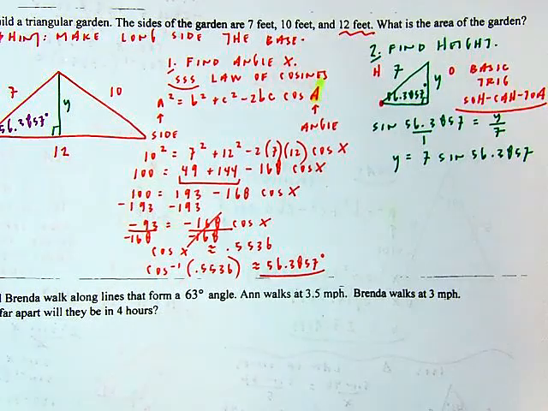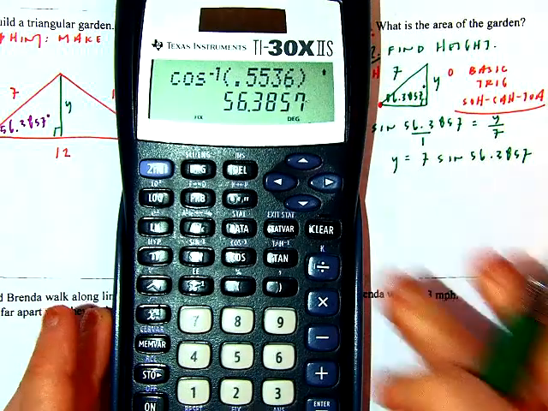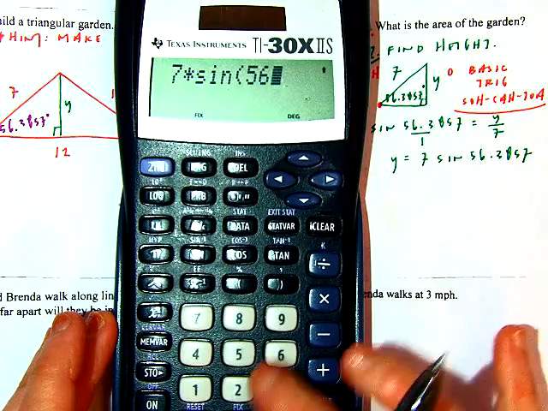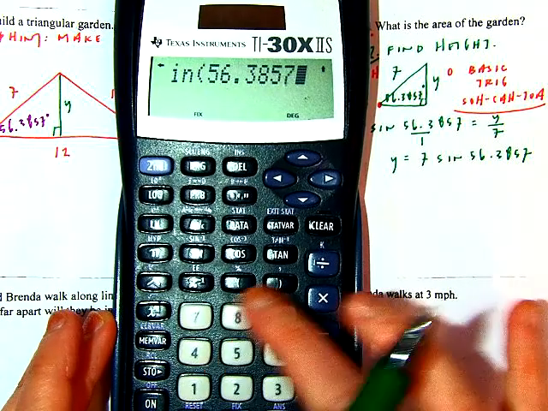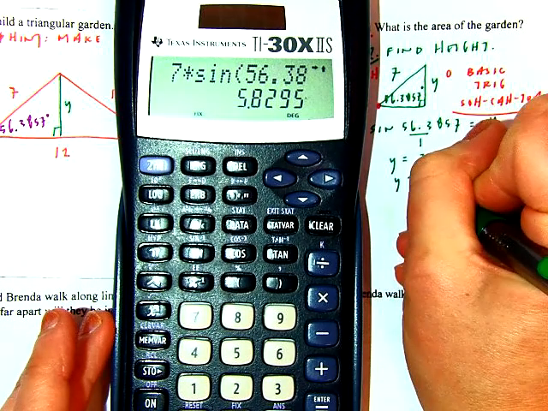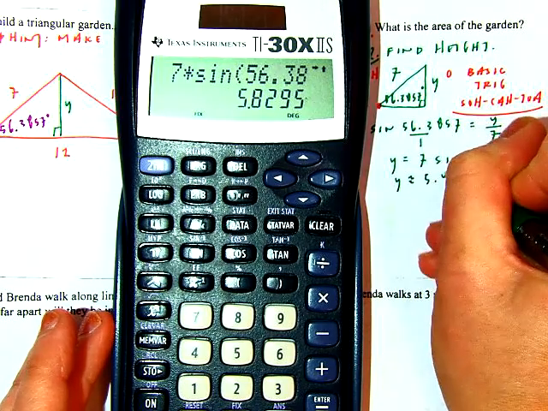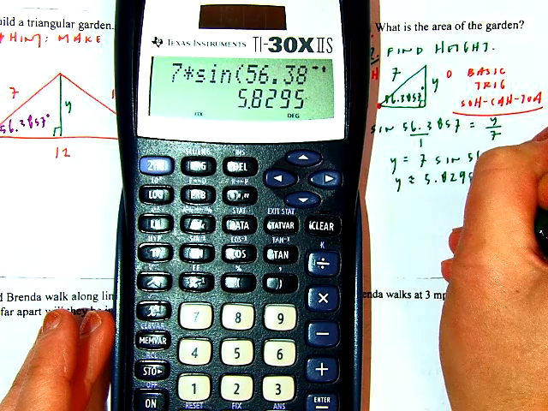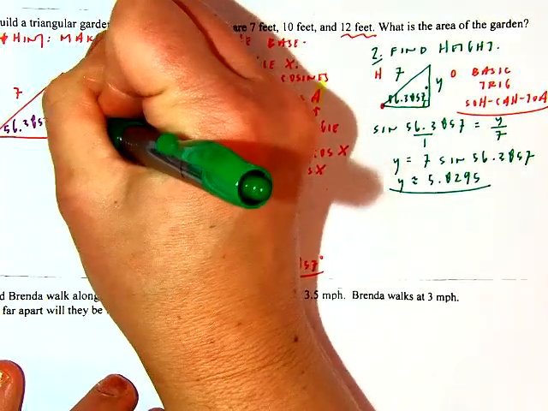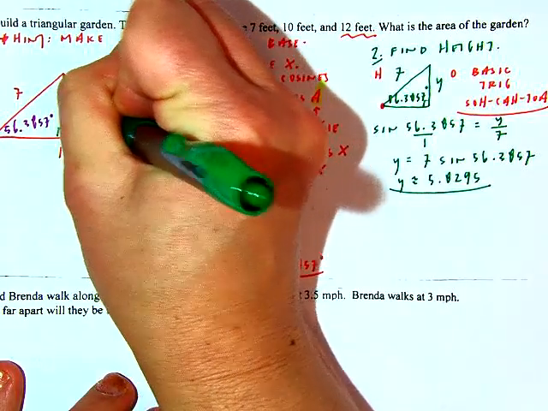All right, let's crunch that. So 7 times sine 56.3857. Okay, and that's going to get me a height of about 5.8295. Let me add that to my picture. So right here, 5.8295.